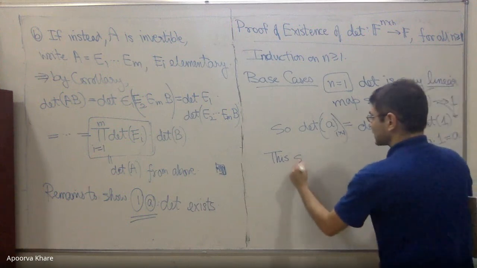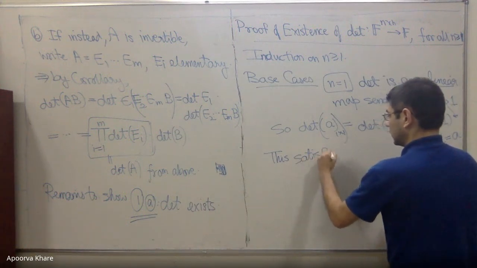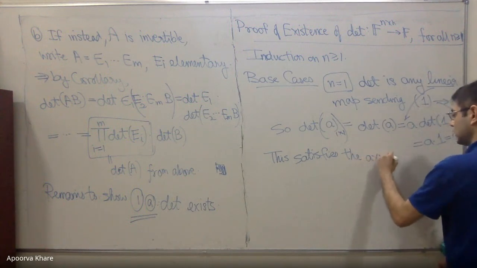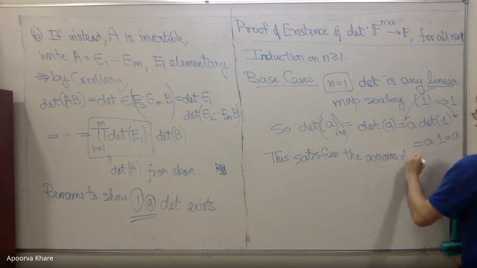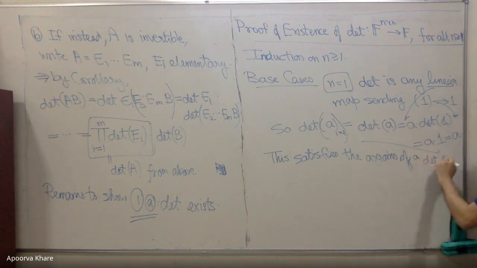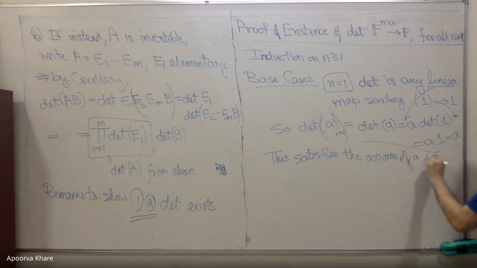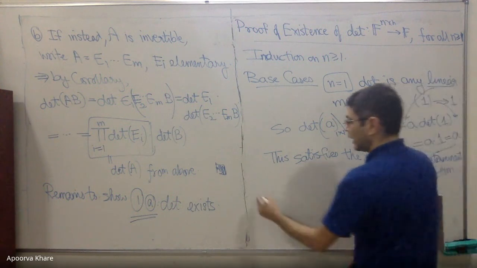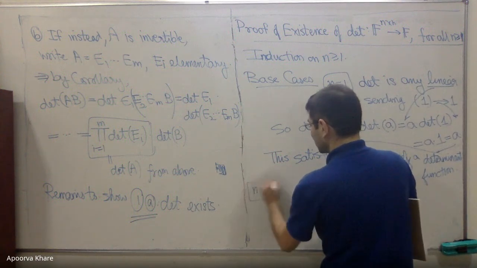So this satisfies the axioms of a determinant function. That is n equals 1. N equals 2, I will leave it to you to check.